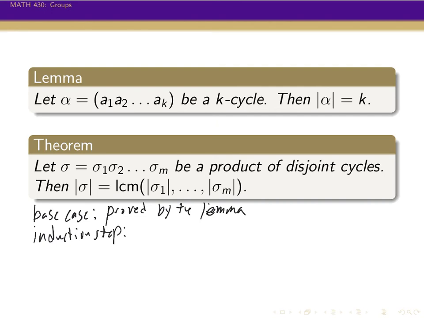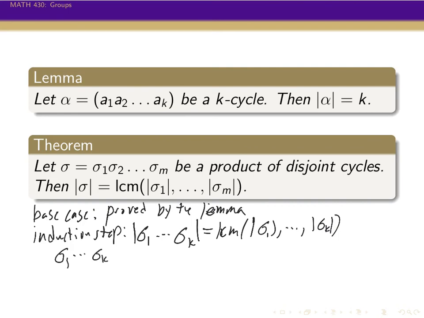so let's say that we know that the order of sigma 1 up to sigma k is equal to the LCM of their orders. Now we want to find the order of sigma 1 through sigma k, and then apply a new disjoint cycle, sigma k plus 1.